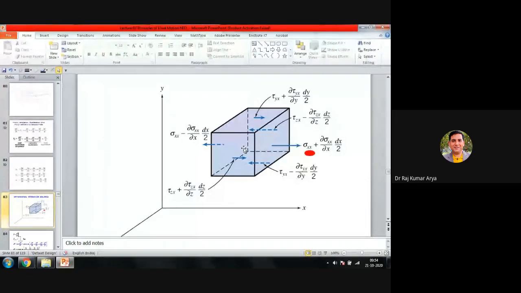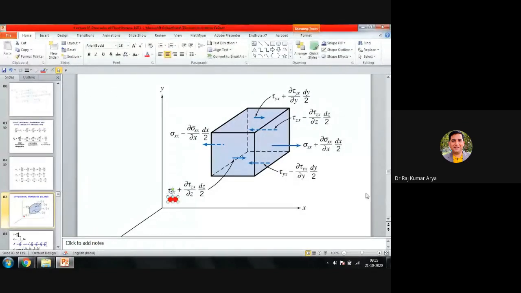Now let's say the z plane. This is your z plane, so here the perpendicular will go in the z direction. Therefore you wrote this quantity as tau zz. Okay, tau z is the plane. Now the direction, you want to do the balance only in the x direction, therefore you wrote tau zx.